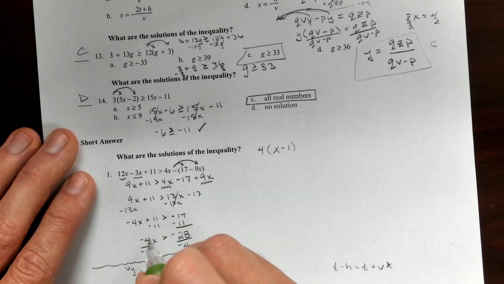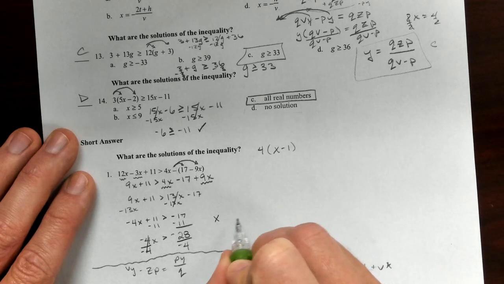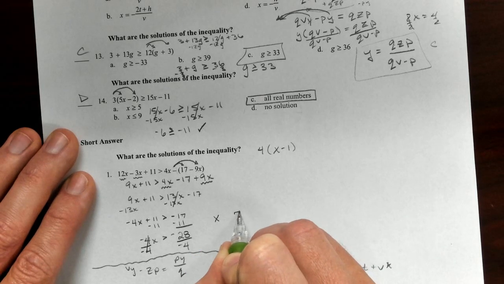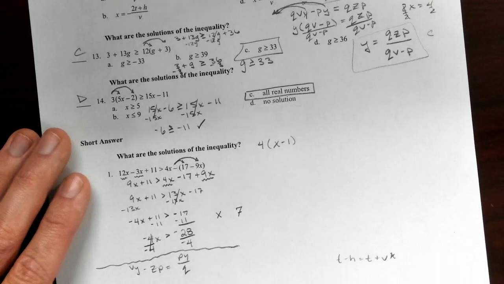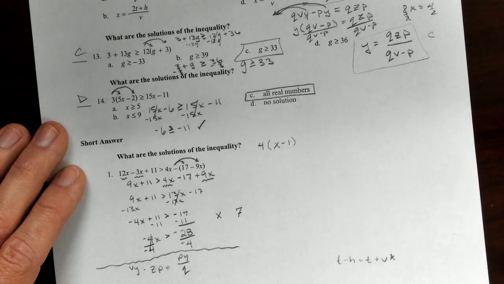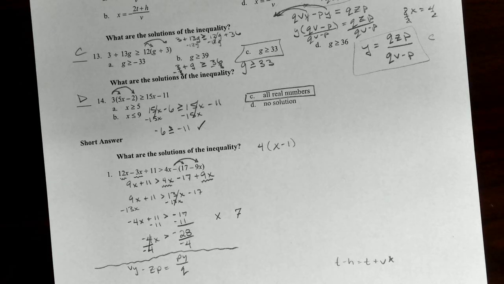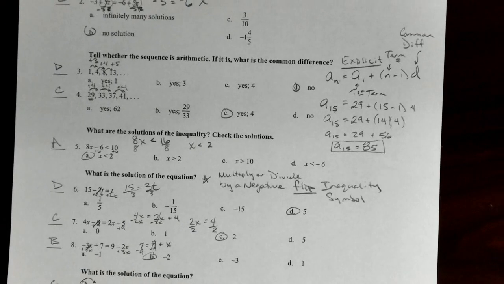Why do I keep pointing out negative 4, Ryan? Why do I keep saying I'm dividing by a negative 4? Why is that important?